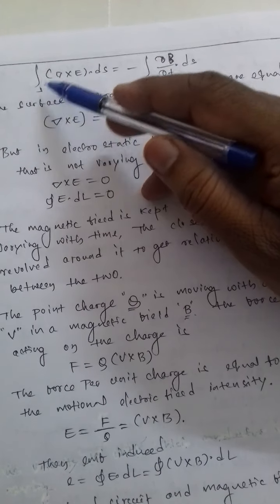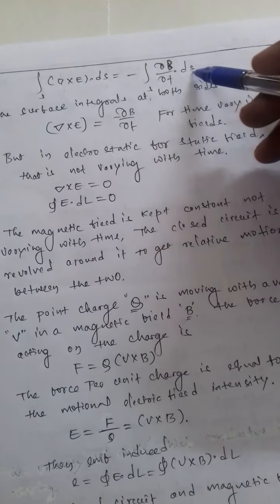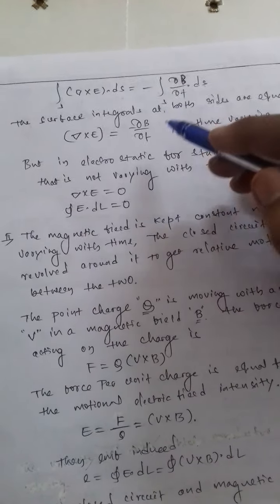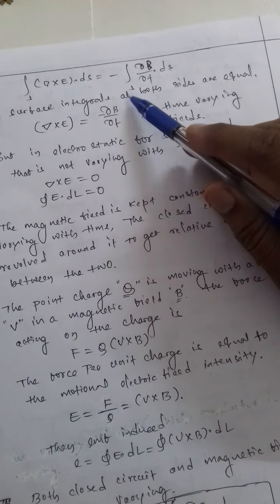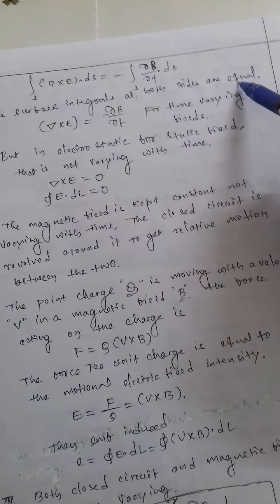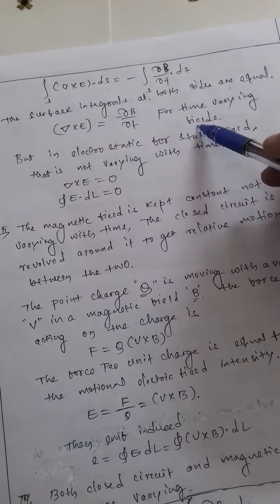So that integral over S of del cross E dot dS is equal to minus integral over S of ∂B by ∂t dot dS. So that the surface integrals at both sides are equal, so that del cross E is equal to minus ∂B by ∂t for the time varying fields.